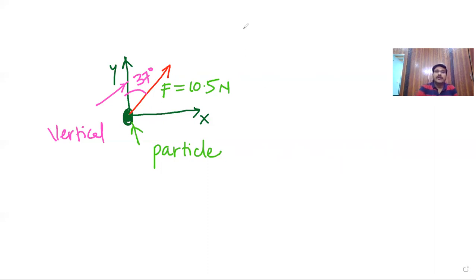Now, what is required? The vertical component. This is the horizontal component, Fx, and this is the vertical component, Fy. We require Fy.